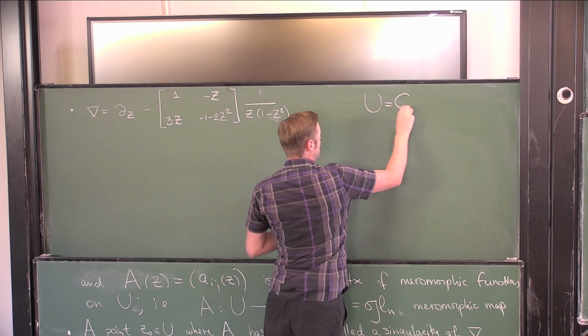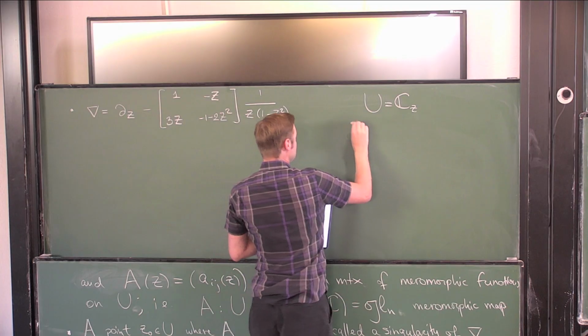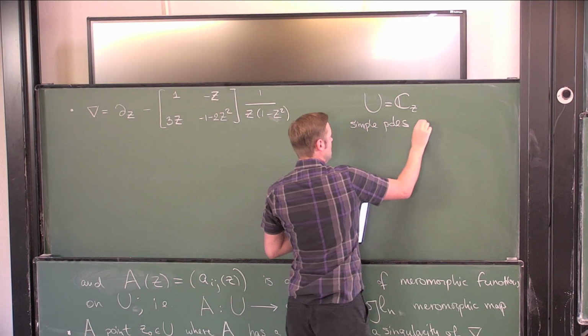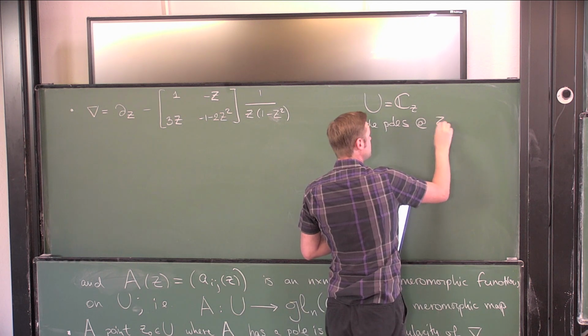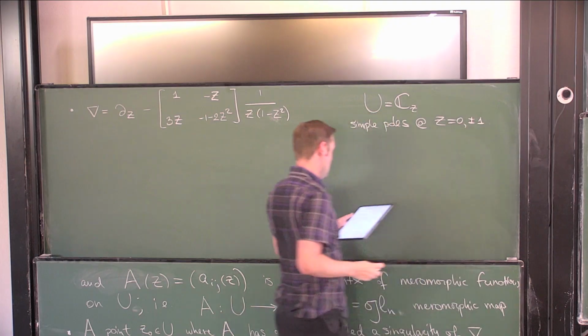This is a system over the whole complex plane, and clearly it has simple poles at 0, 1, and minus 1.